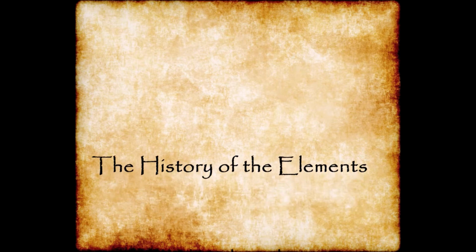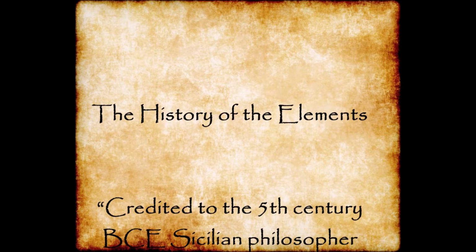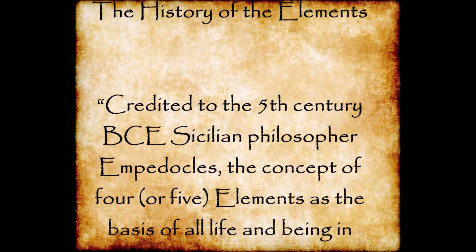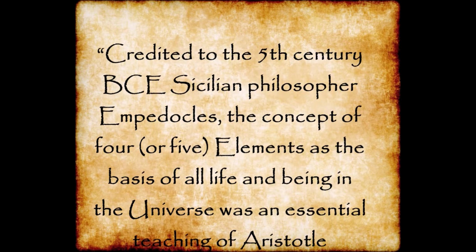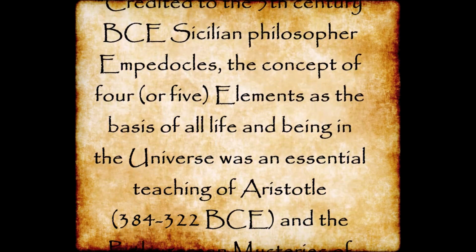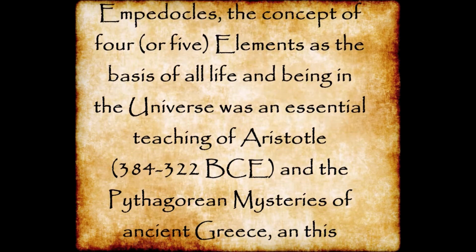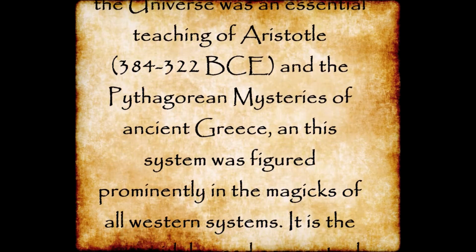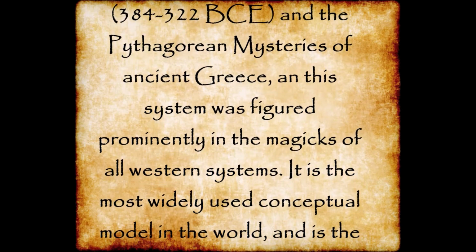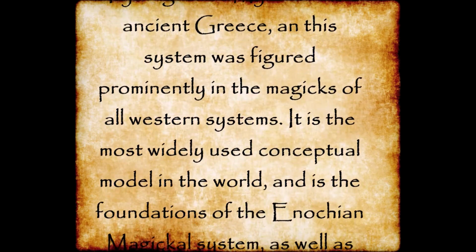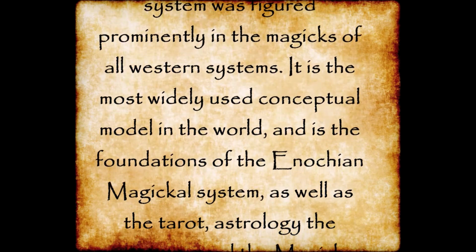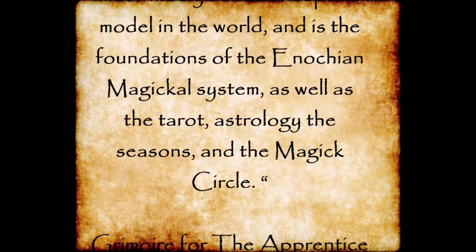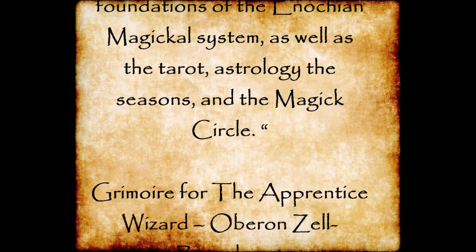Credited to the 5th century BCE Sicilian philosopher Empedocles, the concept of the 4 or 5 elements as the basis of all life and being in the universe was an essential teaching of Aristotle and the Pythagorean mysteries of ancient Greece, and this system figured prominently in the Magick of all Western systems. It is the most widely used conceptual model in the world and is the foundation of the Enochian magical system, as well as the tarot, astrology, the seasons, and the magic circle.